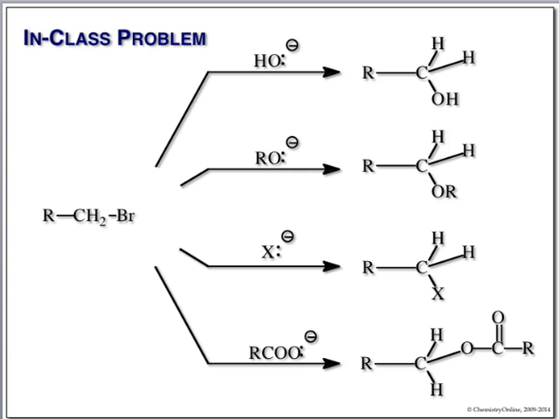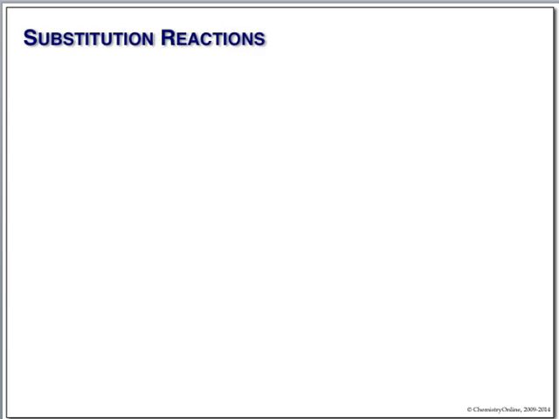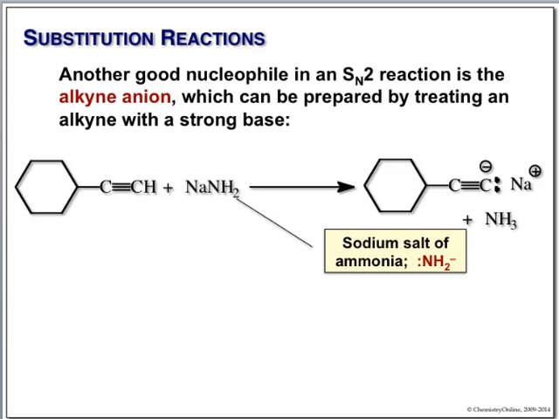Well, we actually talked about substitution reactions back in chapter 9 as well. Let's just review what we said here. Remember, we said that we could take an alkyne and convert that to an alkyne anion by reaction with sodium amide. The NH2 minus is our base here. Not a nucleophile, it's a base.